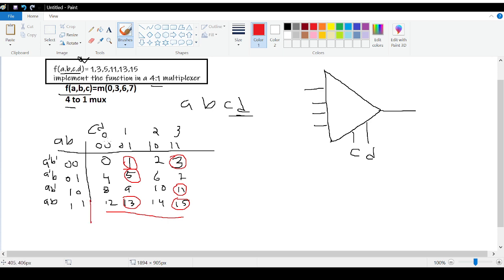So this column represents input number 0. For input number 0, nothing is circled. So if nothing is circled, what do we pass through input number 0?